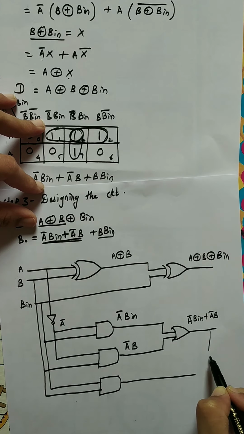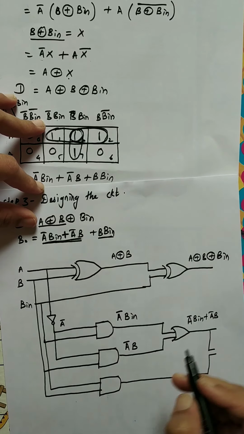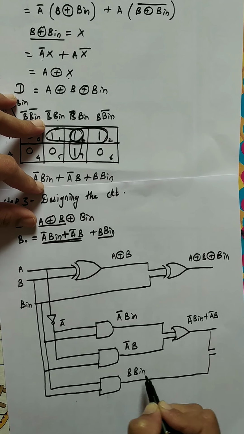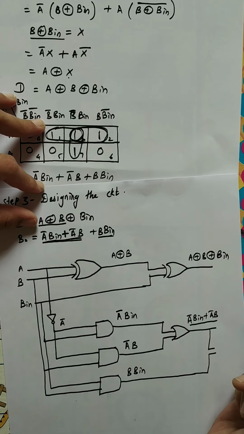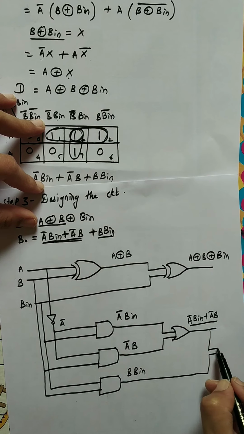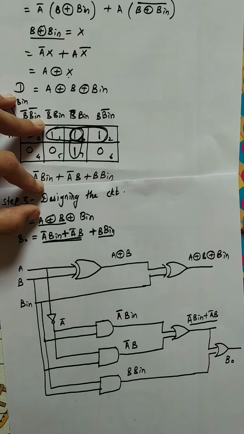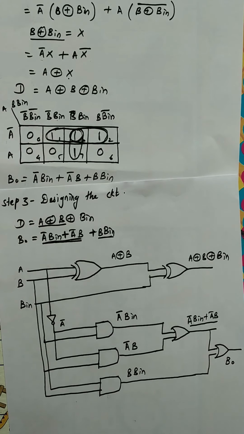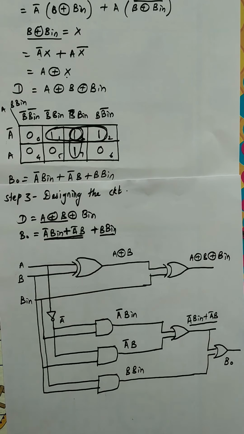So here I got B B in, and the equation A bar B in plus A bar B is the other input to the OR gate, as there is a plus sign. Here I will get the output for borrow, that is B0. So this is the way of drawing the circuit for the full subtractor. Thank you.